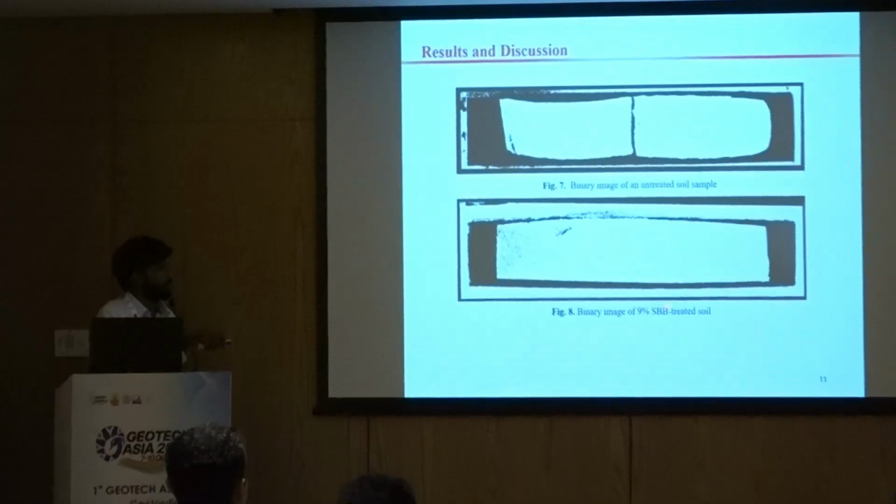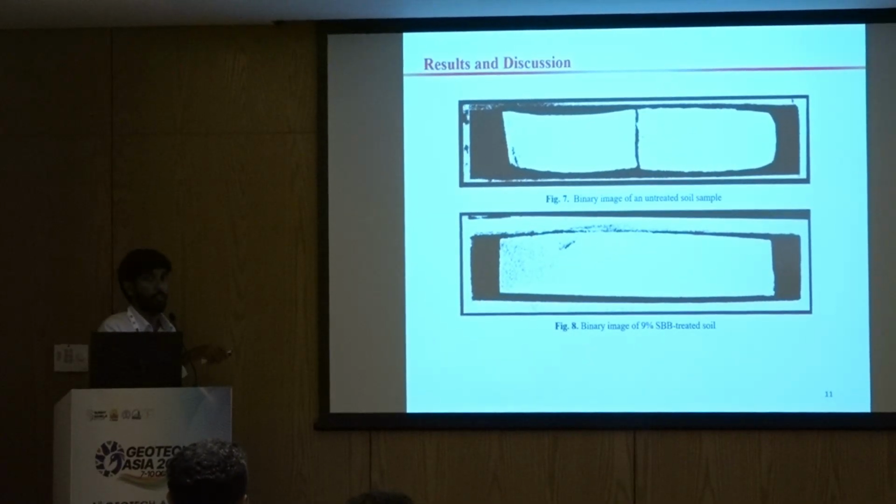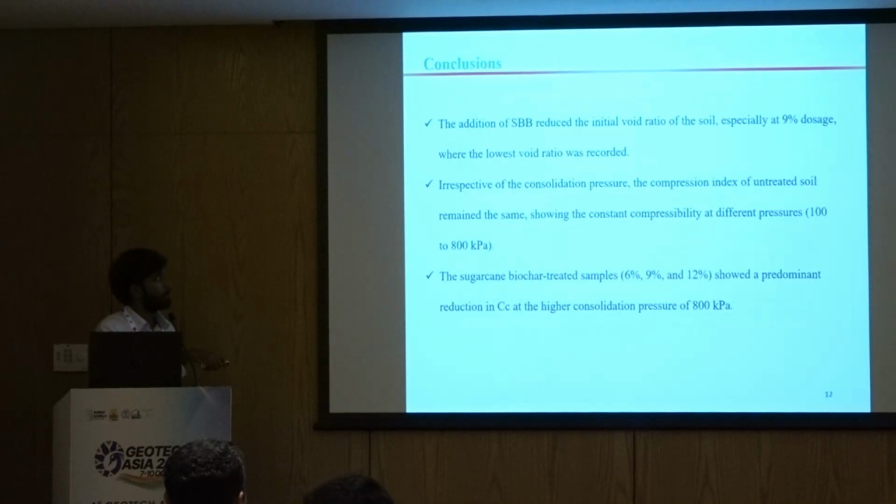Here, for timing, I have mentioned the 9% dosage, which is the optimal dosage observed in the previous slides. This image shows no cracks were observed in the 9% dosage. So from this, we can conclude this 9% dosage can be considered an optimal dosage, which can help in reducing the compressibility as well as shrinkage cracks.